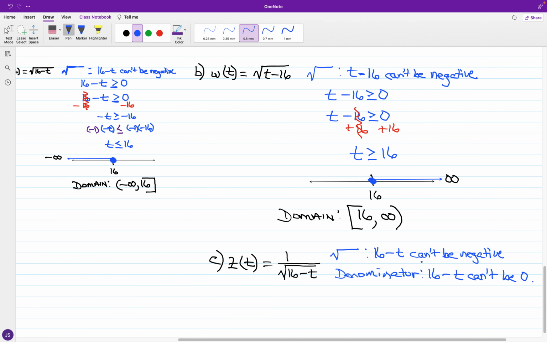All right, so 16 minus t, looking at the categories, cannot be negative, cannot be 0, and the only category that's going to work is positive. So 16 minus t can only be positive.